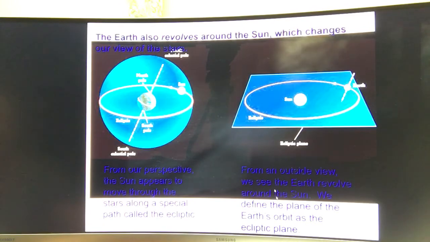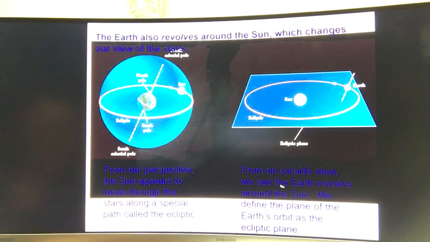And in this picture here, we define the ecliptic plane. So what is an ecliptic plane? This is from an outside view, which means that now the sun is at the center, and the earth is moving around the sun. We call that revolution, right?